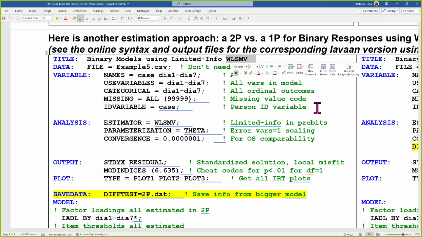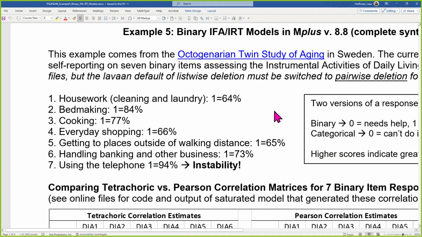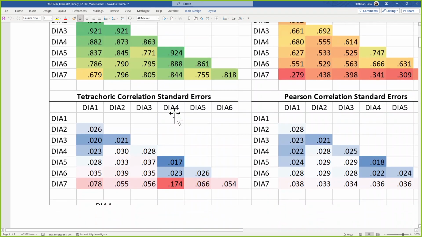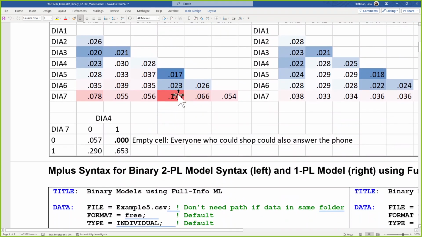So this could go awry in the sense that not all of those correlations are going to be estimated well. One example of that I showed at the very first page. The tetrachoric correlation between item 4 and item 7 had a much larger standard error because it had an empty cell. Everybody who could do item 4 could also do item 7. Item 7 is much easier.